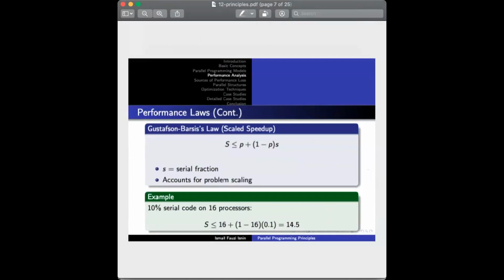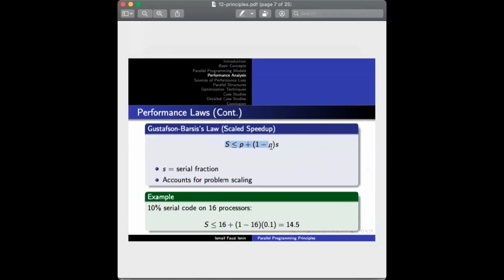While Amdahl's law focuses on a fixed problem size, Gustafson's law shifts the perspective to scaled speedup. This law recognizes that when we scale up our hardware, we naturally use that power to run larger, more complex data sets. The mathematical formula for this scaled speedup is on the screen right now.